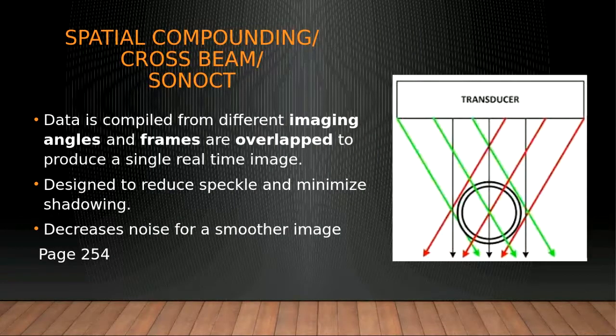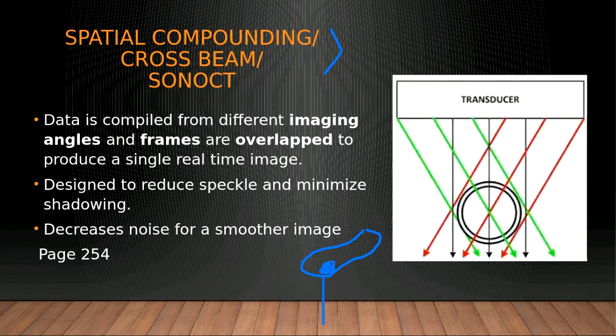However, you do not want to use spatial compounding, crossbeam, SONOCT, whatever your system calls it. You don't want to use that if you're trying to prove that there's a stone, let's say in the gallbladder, if this is the gallbladder, and there's a stone here, because proving that this is a stone means we have to show that there's shadowing coming from it.